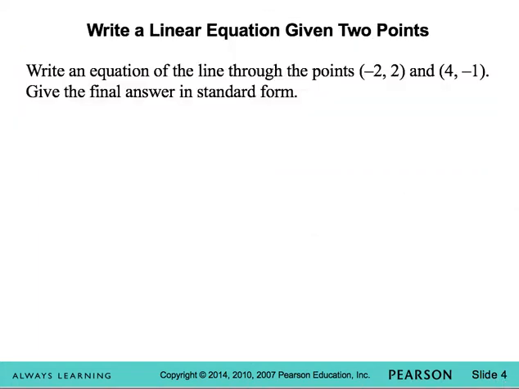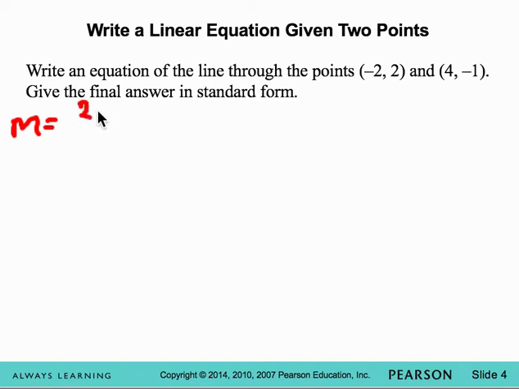Okay, write an equation of the line that goes through these 2 points. Didn't we just say that to write the equation of the line, I need a slope and a point? This gave me 2 points. I need a slope and a point. Well, if I have 2 points, I can find the slope. So if it doesn't give us a slope, we're going to have to find it.